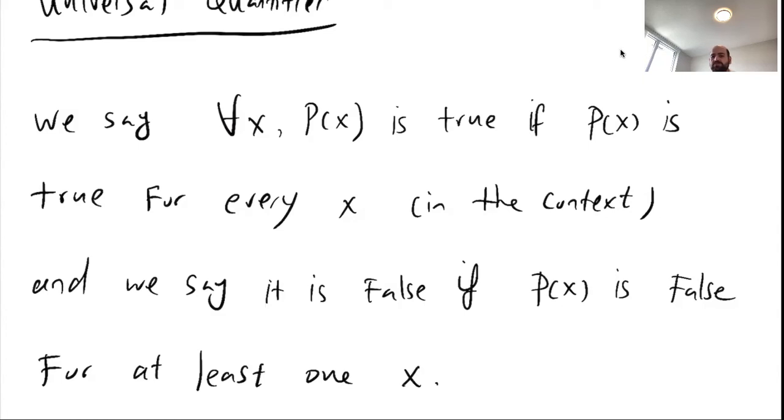But it will be true if for every student in the class, the GPA is more than 3.6.